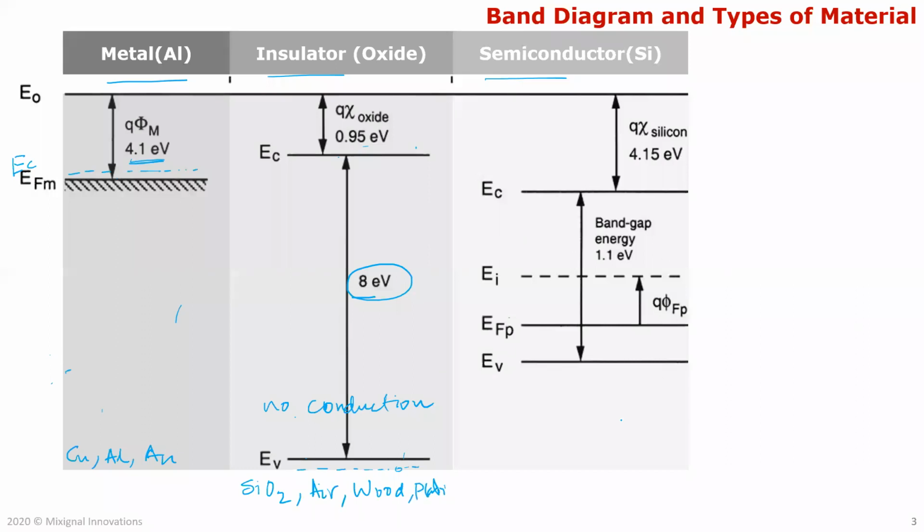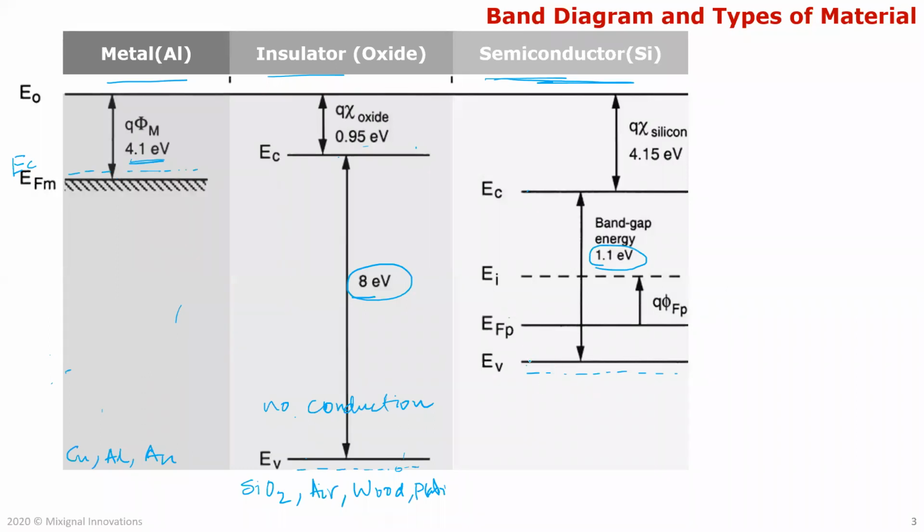Now, a semiconductor is somewhere in between, in the sense that the electrons in the valence band are separated from the conduction band by a certain amount of energy, which is called the band gap, the gap in electron volts.